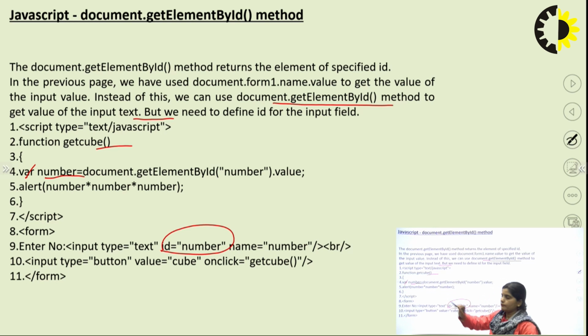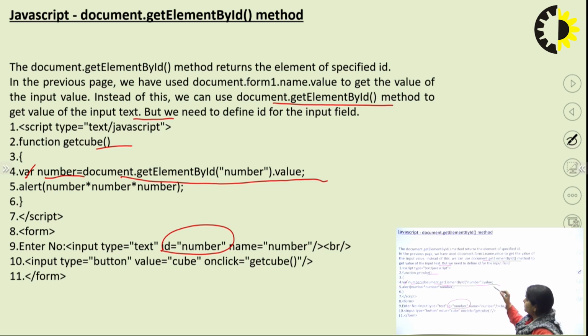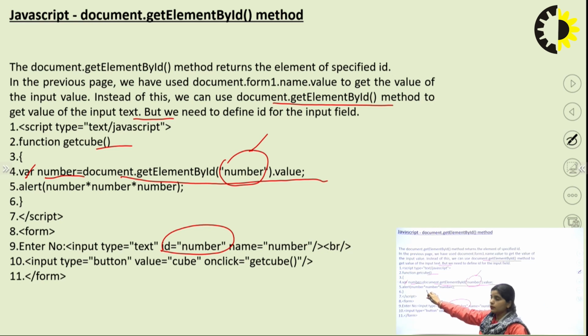Inside it the variable name is number, and we are using the method document.getElementById, and that id value is number, dot value. Now the alert box will display the cube of a number: number multiplied by number into number. The script tag is used.